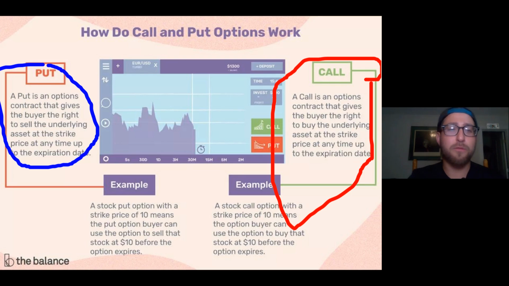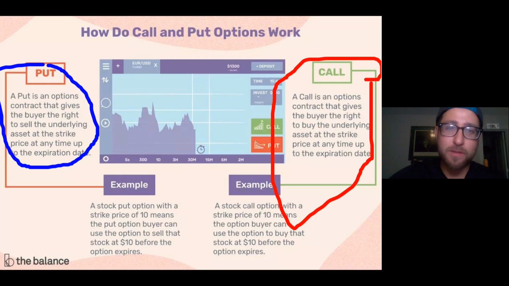So let's start off with the call option to begin with. A call option is an options contract that gives the buyer the right to buy the underlying asset at the strike price at any time up to the expiration date. So when you think of call, think the term right to buy.